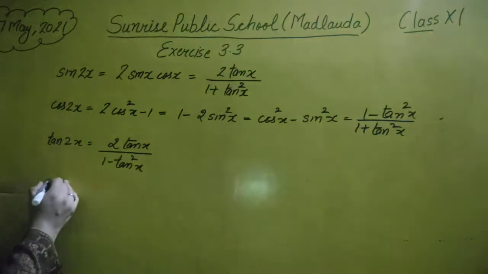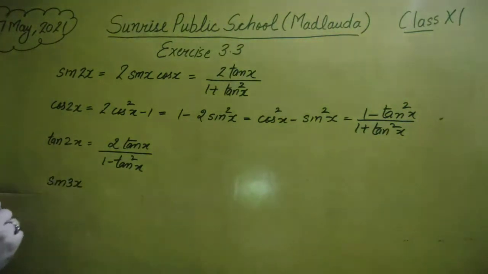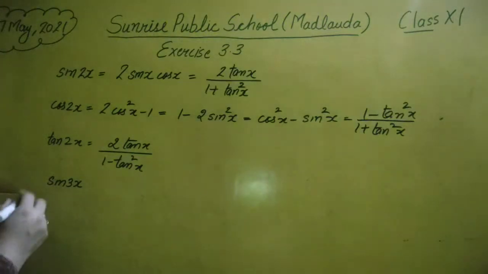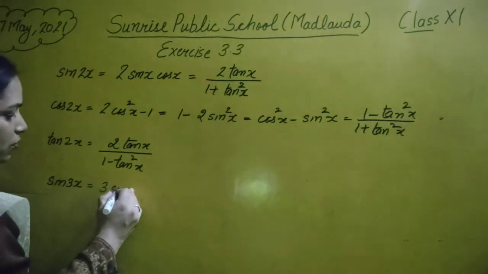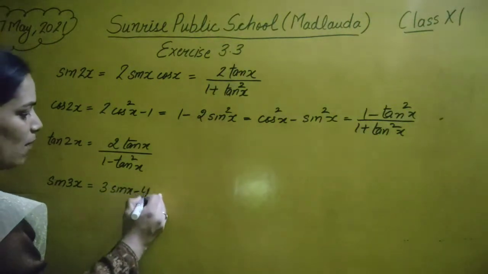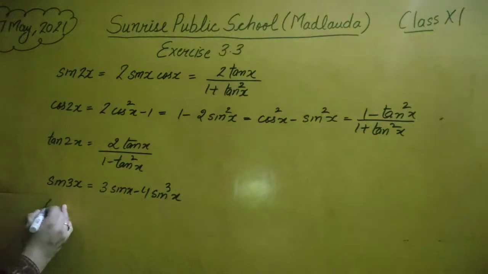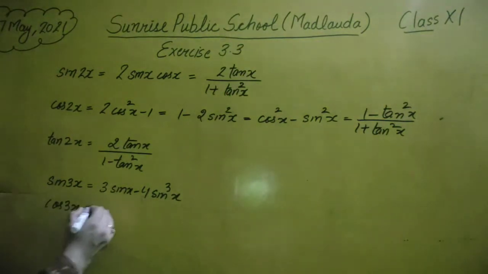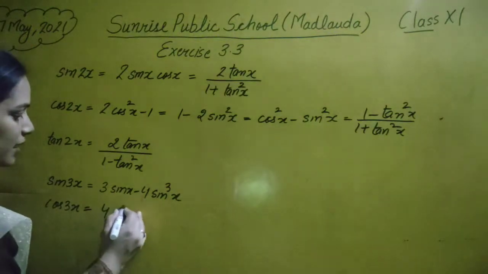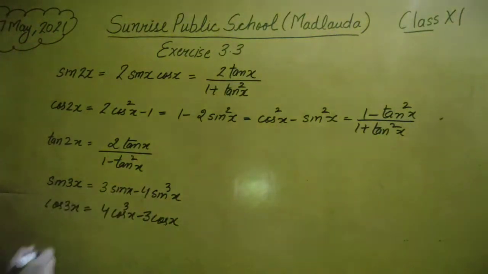After that, if 3x is the angle of trigonometric ratio sine, then sin 3x will be equal to 3 sin x minus 4 sin cube x. The identity of cos 3x will be equal to 4 cos cube x minus 3 cos x.